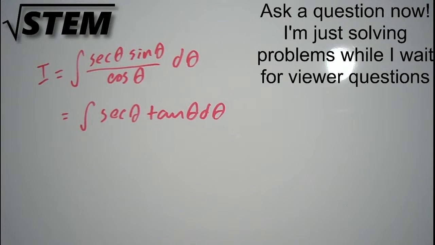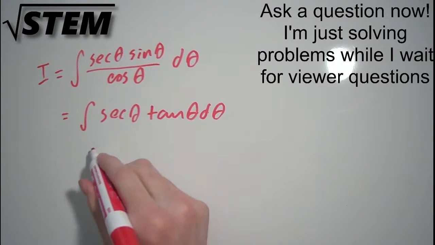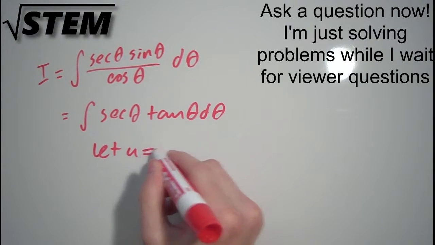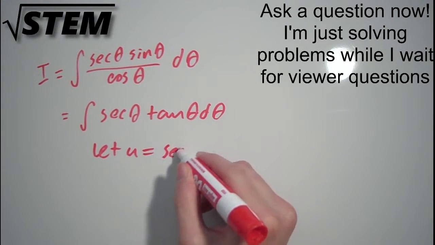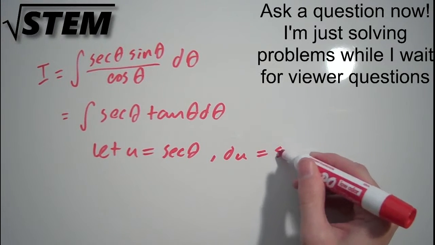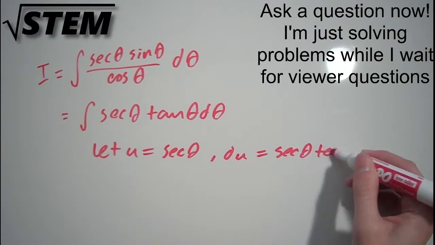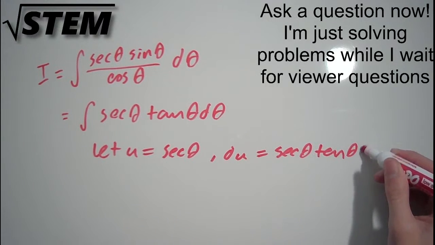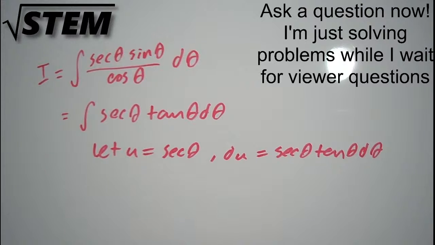because suppose we tried to say let u equal secant, then du would be secant tangent, but we can't really take the whole secant tangent into the du and then still have a u left over.